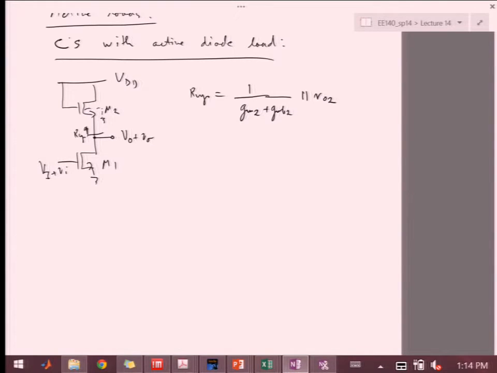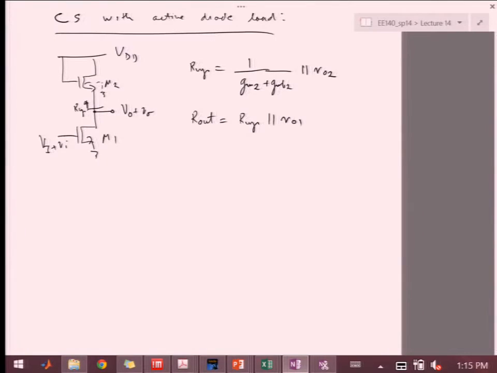And then our R out total will be R up in parallel with what? RO1, right? Okay. So if we do VO over VI, we have the transconductance, which is how much in this case?